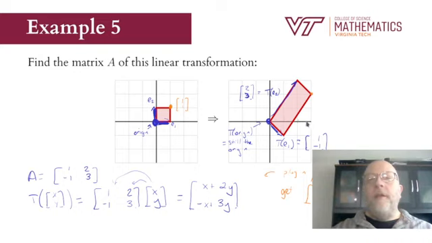And this point is, in fact, the point 3, 2. And so this linear transformation does correctly work on other points in a plane and not just the points in a standard basis.